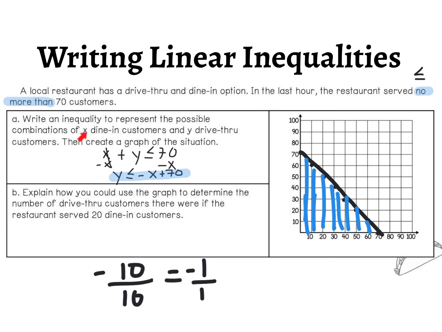Now, X represents the dine-in customers. So this axis here on the bottom is dine-in customers. I'm going to write that real quick so I can remember. X is dine-in.